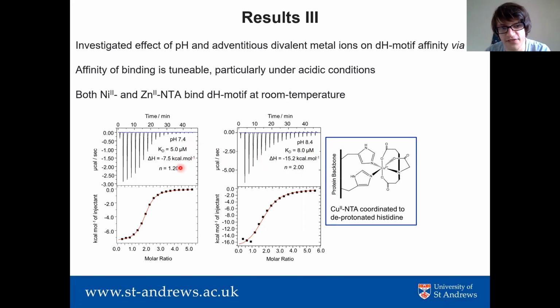But you also have this increase in the stoichiometry here, which suggests that maybe under high pH conditions, you begin to deprotonate the rest of your protein surface. And therefore, this might lead to non-specific binding interactions.